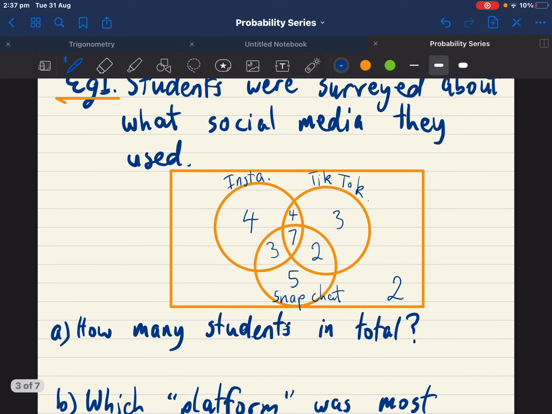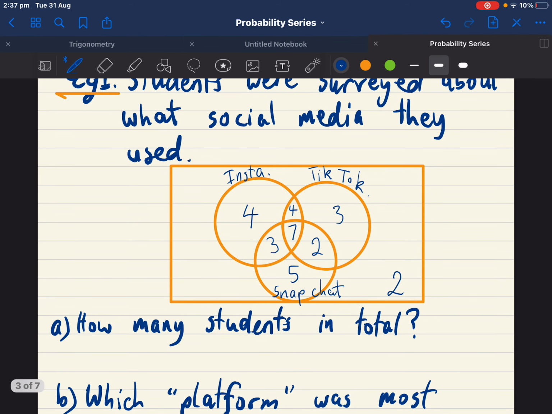All right, so if we have a look at the first question, how many students, in total, I guess they're referring to how many students were surveyed. So in this case, all we really need to do is just add up all the students, right? So I'm going to start off. In the Insta, we had 4, 4, 7, 3. So we've got 18 there.